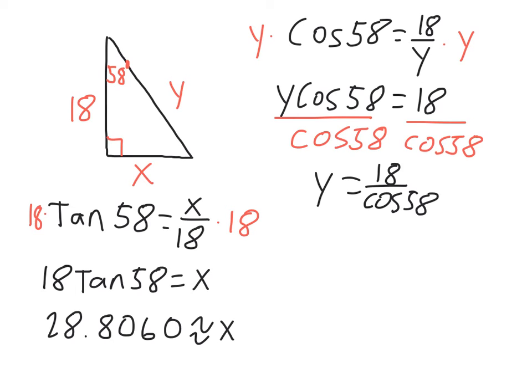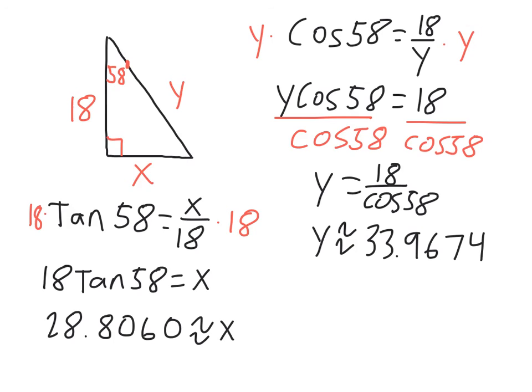And then on your calculator, you find 18 divided by the cosine of 58, which to 4 decimal places is 33.9674. And then we have our two sides.